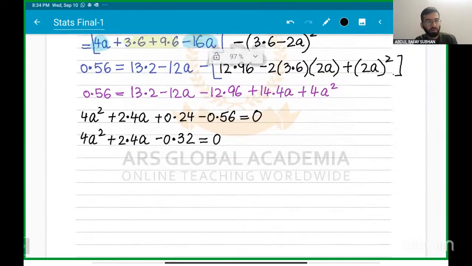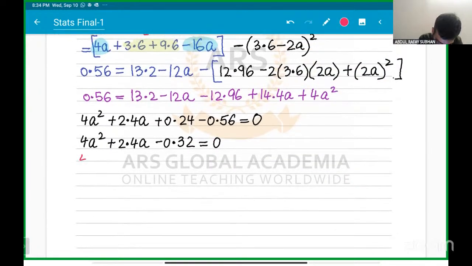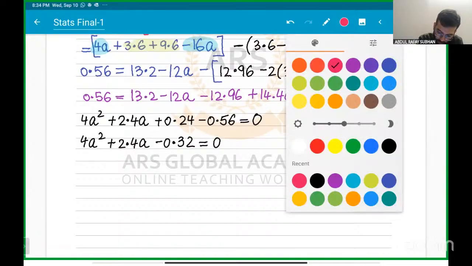Let's remove the decimals and then solve further. So it will be 4a square plus 2.4a minus 0.32. और इसको let's just multiply directly. हाँ, तो let's multiply everything with 100. ठीक है जी.